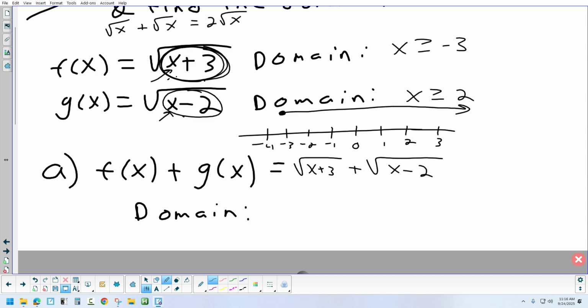All those numbers. The domain of the bottom one is everything 2 and up. So the domain of the whole thing is the overlap between the black and the red. What would be the numbers that are part of both?